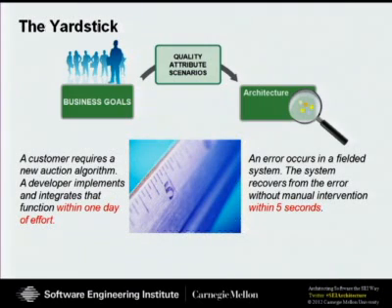So business goals can be translated into quality attribute scenarios such as, and I have two examples here: a customer requires a new auction algorithm. A developer implements and integrates that function within 1 day of effort.